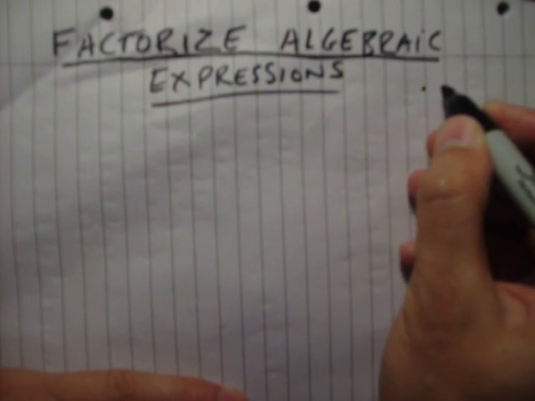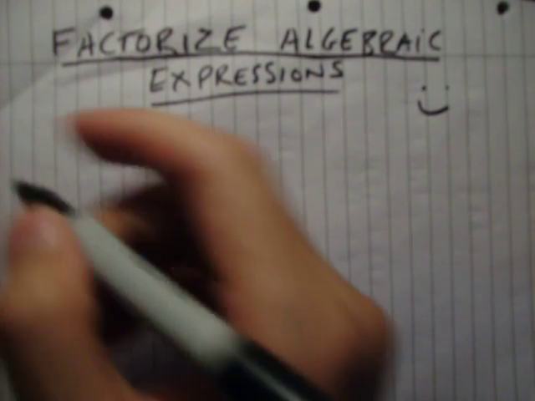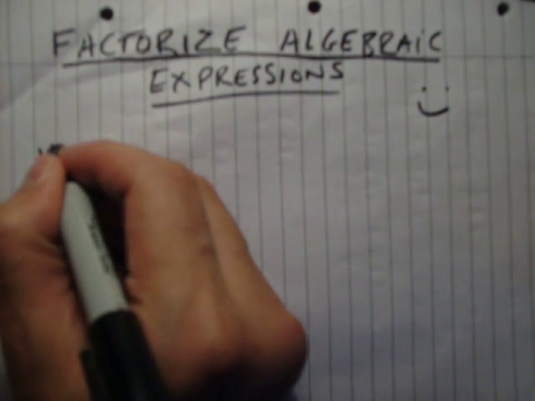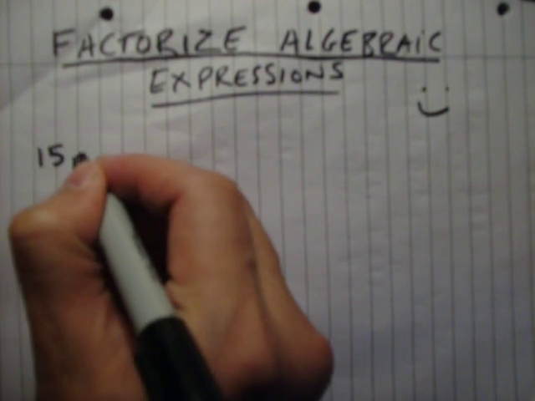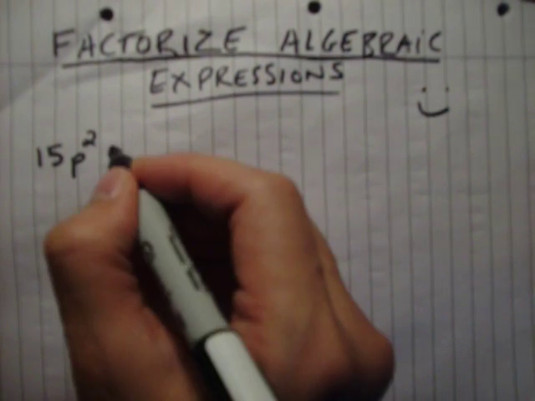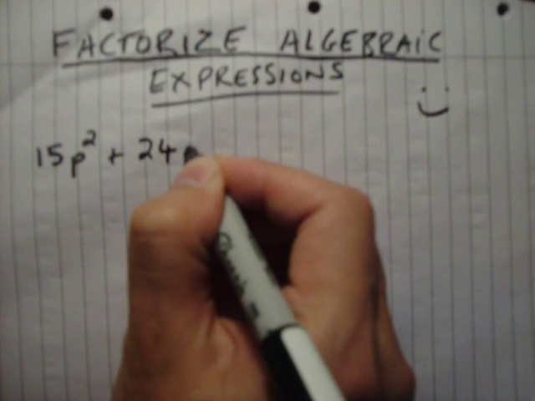Factorizing algebraic expressions. Alright, so we're going to go through some of the questions, Cara, in the exam. One question was 15p squared plus 24pt.